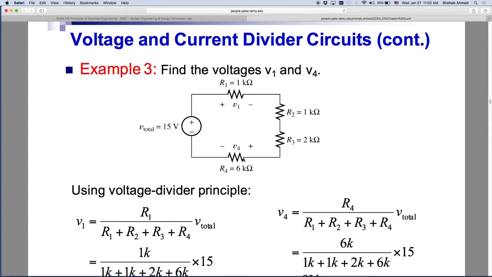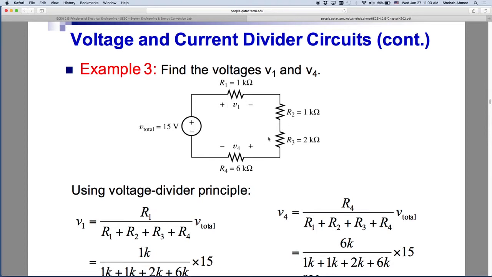Without spending too much time on analysis and calculating all the drops and subtracting from each other, we can automatically go and say that voltage across V1 is equal to what? Voltage V1 is equal to the total voltage multiplied by the resistance R1 divided by the sum of the four resistances that we have, right? You can do that. Or there's nothing wrong with, okay, I have 15 volts as a source.